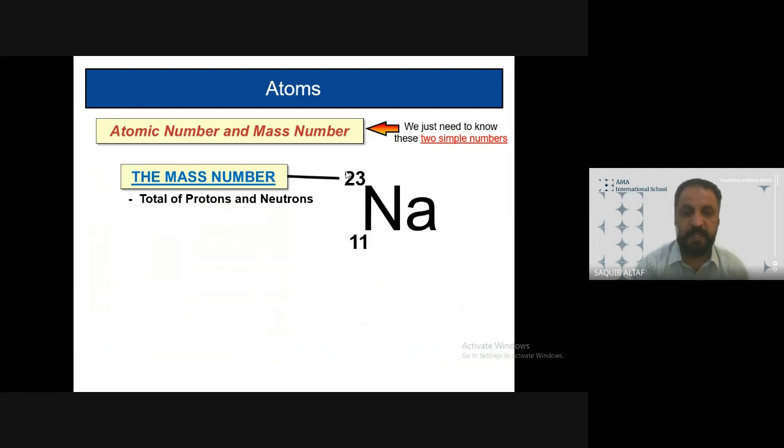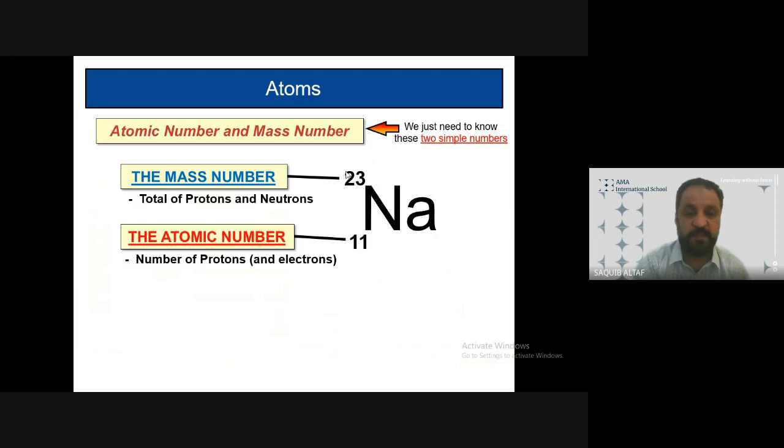Mass number is the sum of protons and neutrons. Atomic number is only the number of protons, and in brackets you can see electrons, because electrons and protons are always equal.